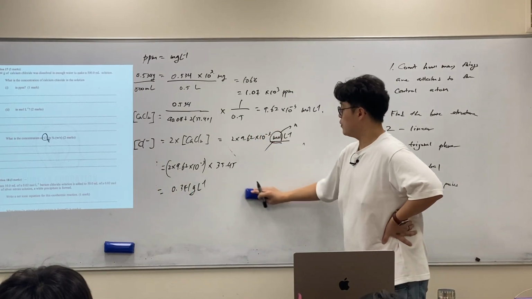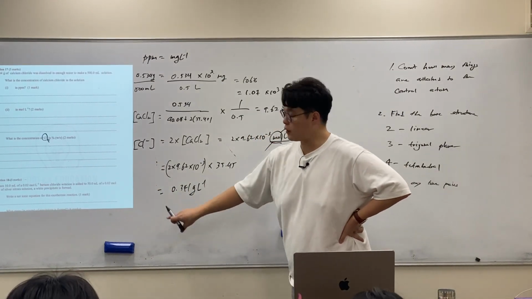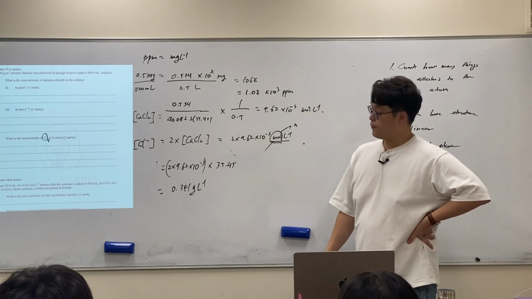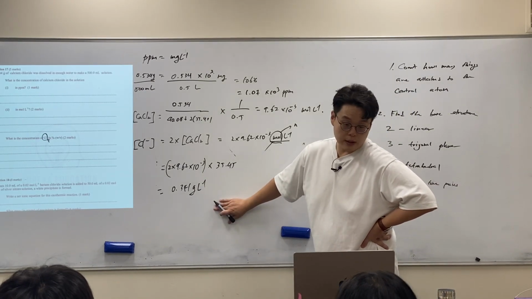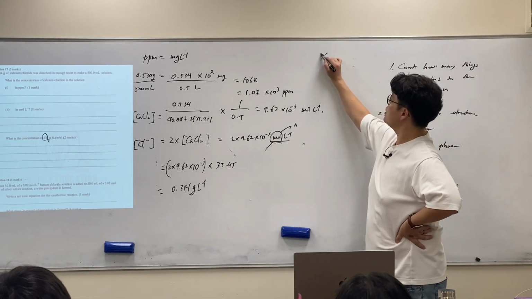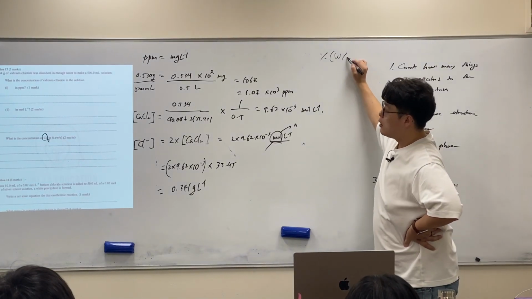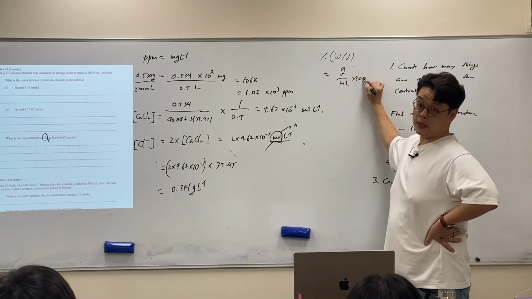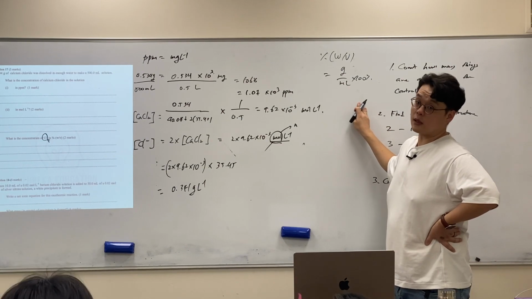Okay. From here, to find that, it's given as percentage by weight per volume, which is gram per milliliter times 100%. It's not the liter form.